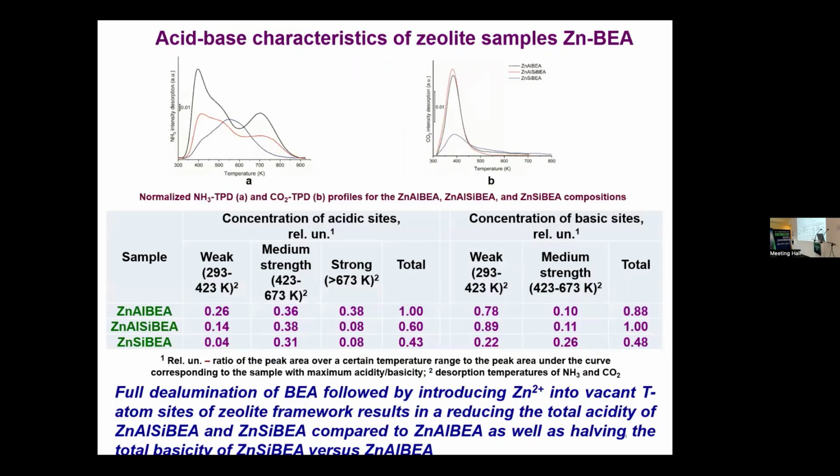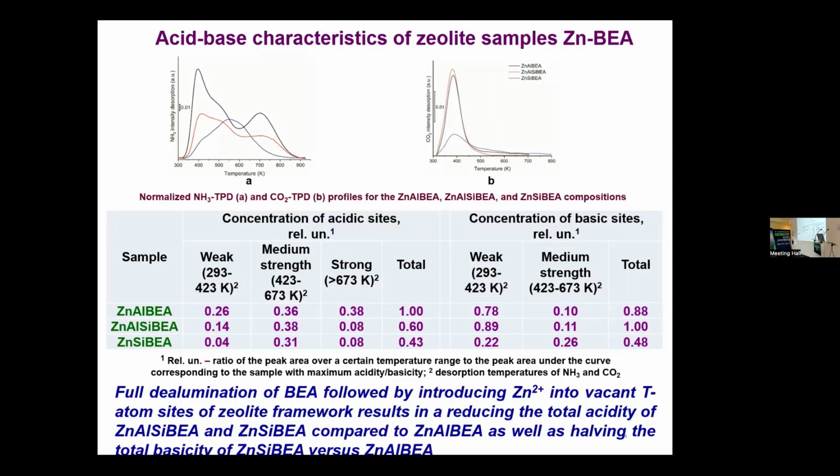Now the acid-base characteristics of the zeolite have been determined by ammonia TPD and CO2 TPD. Ammonia TPD is here, and CO2 TPD is here.